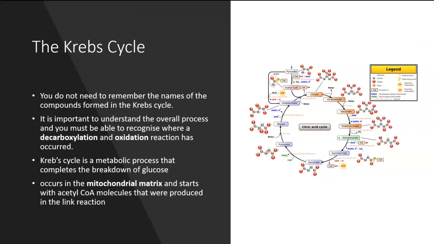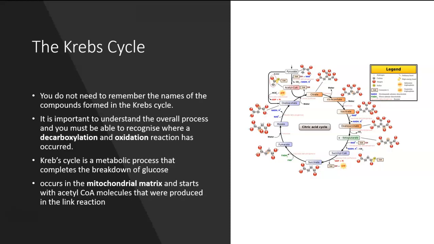Terrible slide here because all my text has come up at once. But you do not need to remember the names of all the compounds formed in the Krebs cycle. It's important to understand the overall process, and you must be able to recognize where a decarboxylation and an oxidation reaction has occurred.